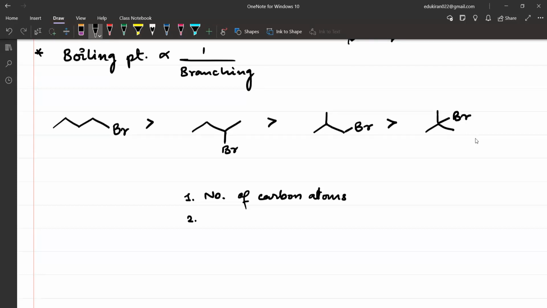Then you will look at the halogen atom. You will see the molar mass. Now, if the halogen atoms are also same, then in the third case, what you are going to look at? Branching.